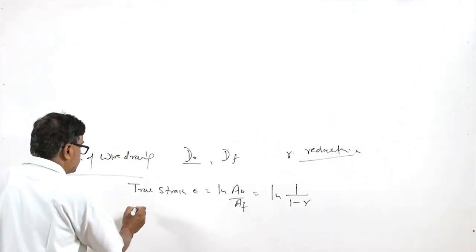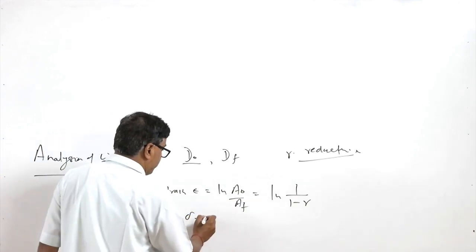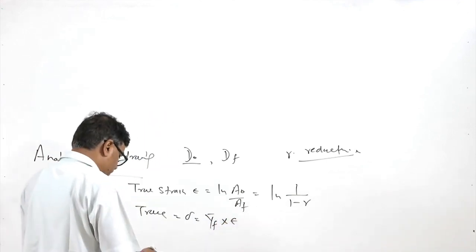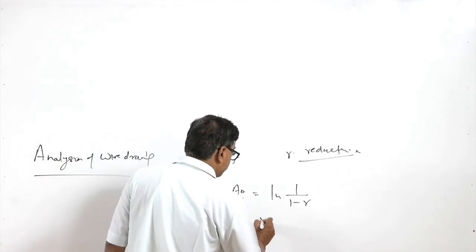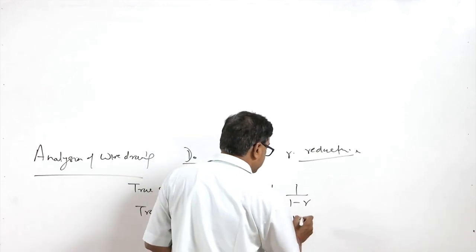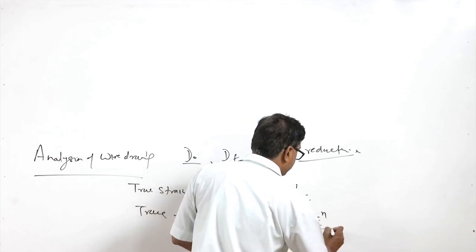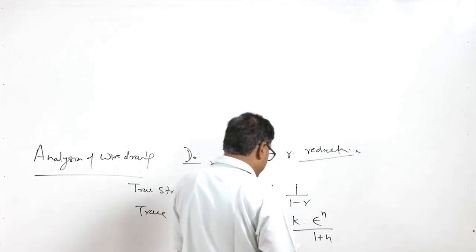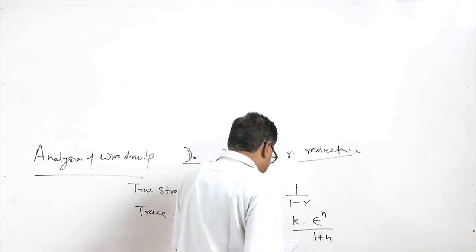Then the true stress is calculated using the average flow stress multiplied by the true strain, and the average flow stress is obtained using the simple equation: strength coefficient multiplied by the true strain raised to the power n, where n is the strain hardening exponent, divided by 1 plus n. So, n is the strain hardening exponent and this is the average flow stress.